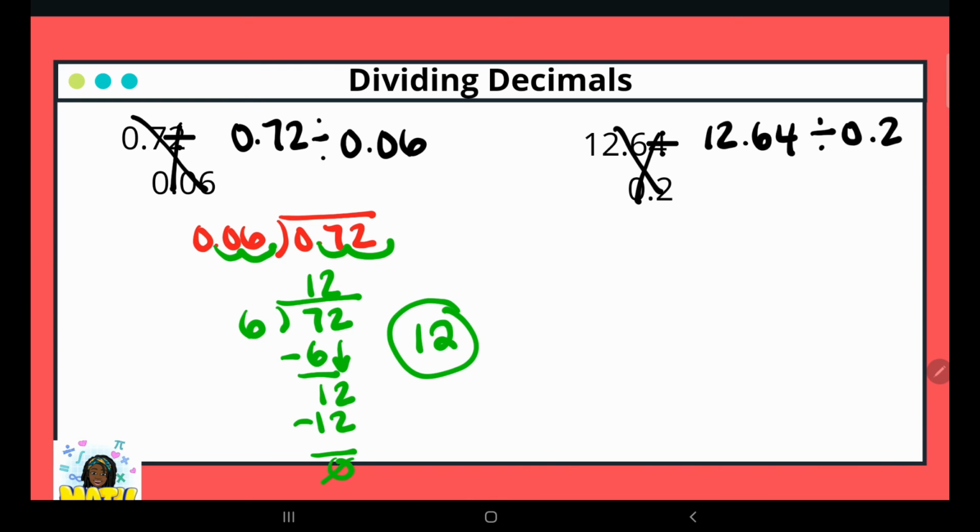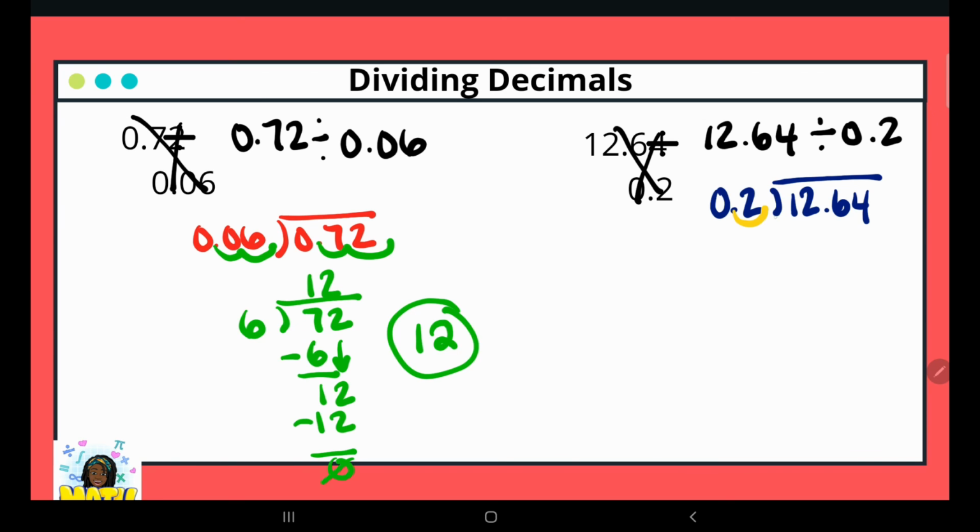Let's go ahead and take a look at this example. So we're going to do the same thing. We're going to draw the house and we're going to put them in their correct places. So this is 0.2, not 0.02. Now here, the same thing. I want to make this 0.2 a whole number. So I'm going to move 1 decimal place, which is like multiplying by 10.